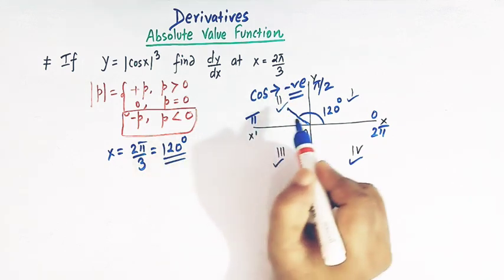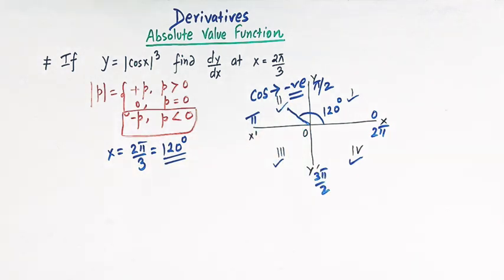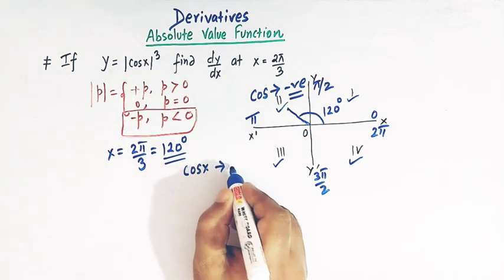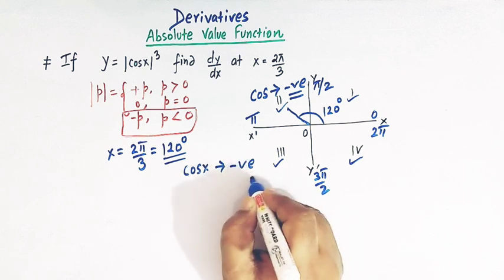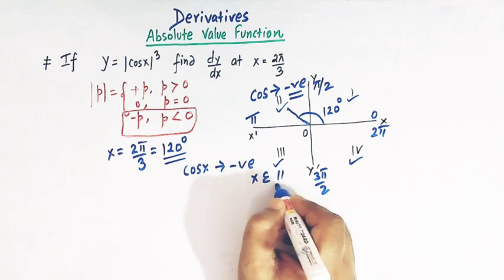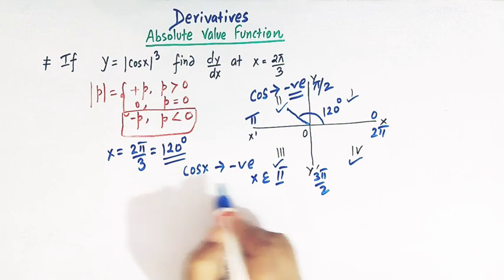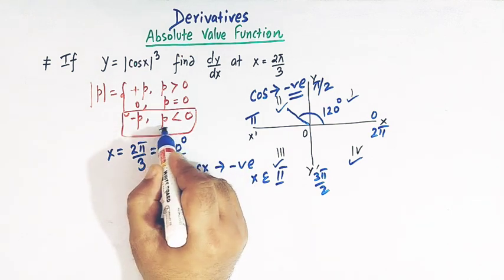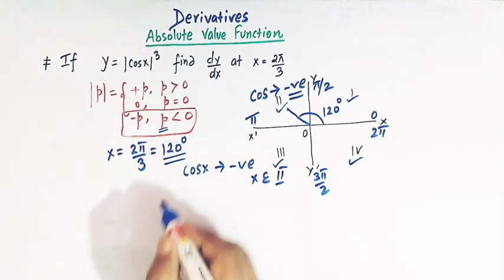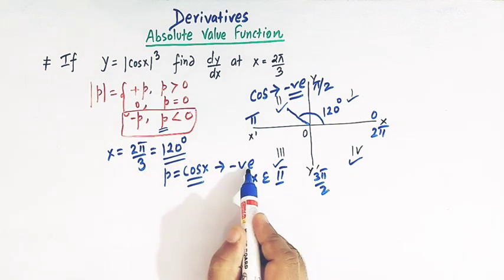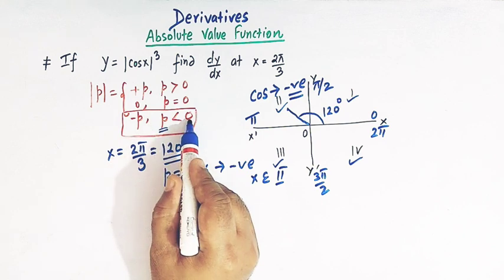So cos x is negative in the second quadrant. It implies that if we take p as cosine x, then cosine x is negative, that is p is less than 0.